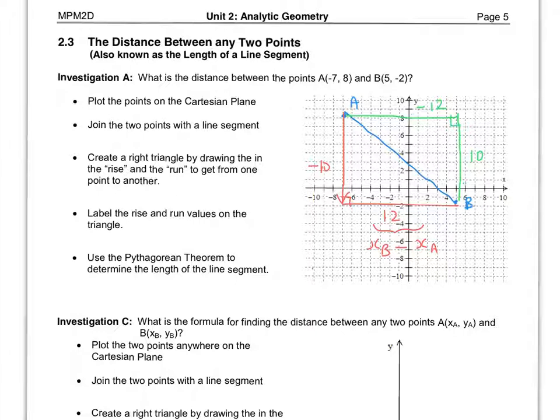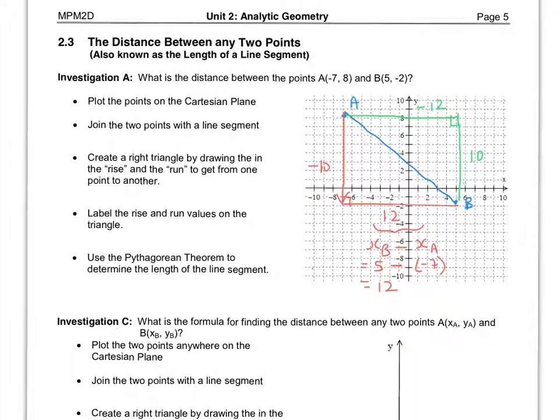My x-coordinate from point B was 5, and then we're taking away my x-coordinate from point A, which was -7. So 5 take away -7, yep, that gives us our +12.